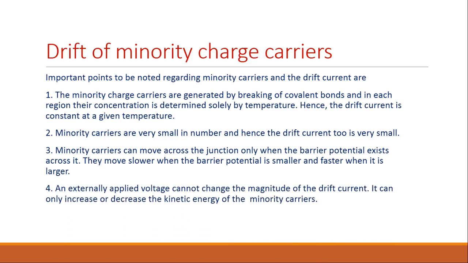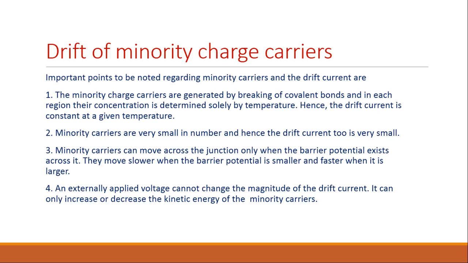An externally applied voltage cannot change the magnitude of the drift current, which I told you just now. Whether we connect the diode in forward bias or reverse bias, increasing the voltage across the diode cannot change the magnitude of the drift current, because the magnitude of drift current solely depends on the number of minority charge carriers, and the number solely depends on temperature.